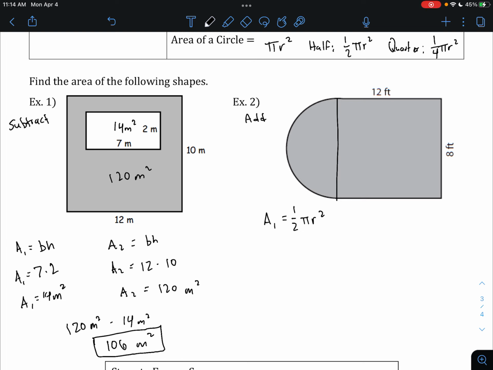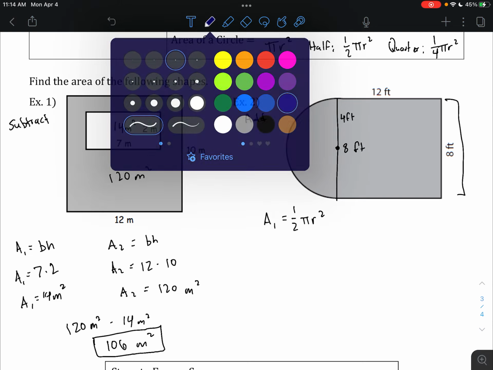It doesn't give us the radius right off the bat, but it does tell us that this side of our rectangle is 8 feet, which tells us that this side of our half circle is 8 feet. Remember, that's not our radius, that's our diameter. So our radius is 4 feet. I'm going to put that on the other side, actually. Our radius is 4 feet. That's this distance here.